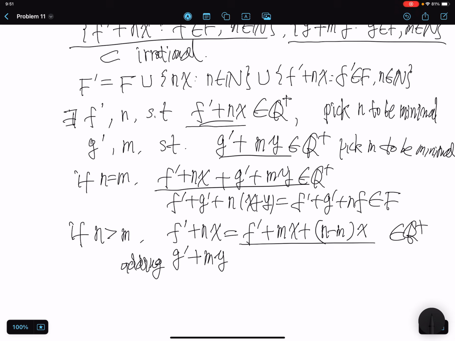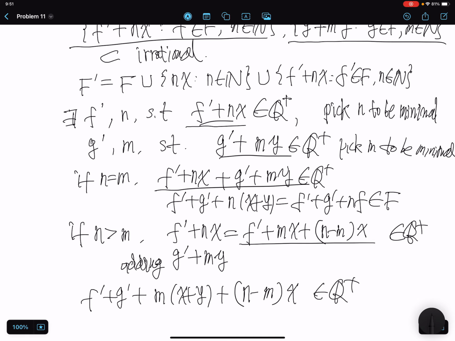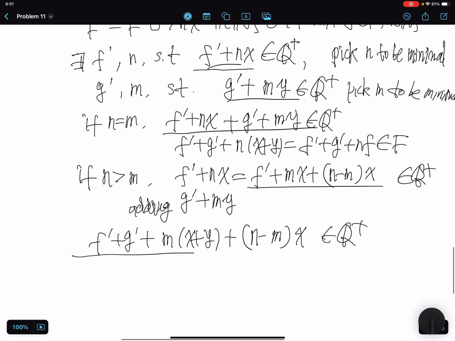So if you add them together, what do you get? You get f prime plus g prime plus m times x plus y plus n minus m times x, which is also irrational, right?